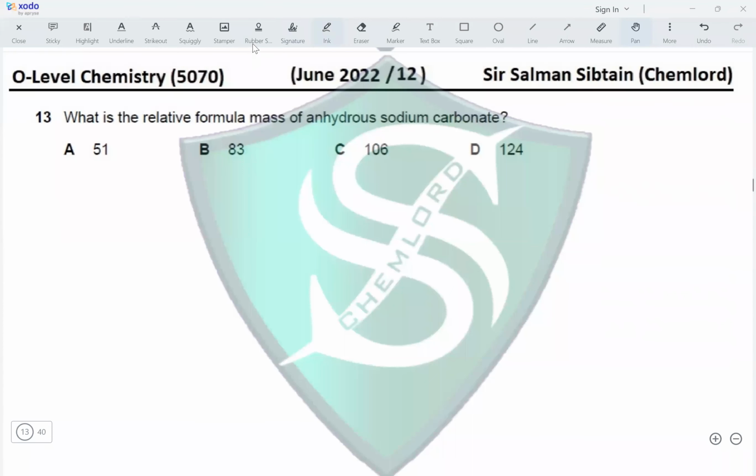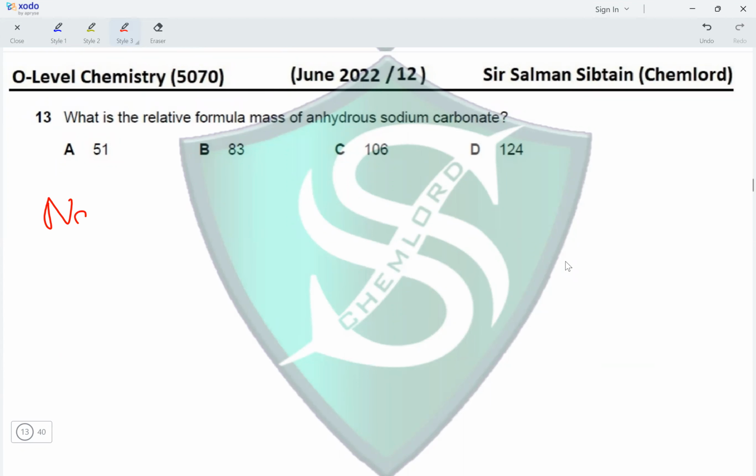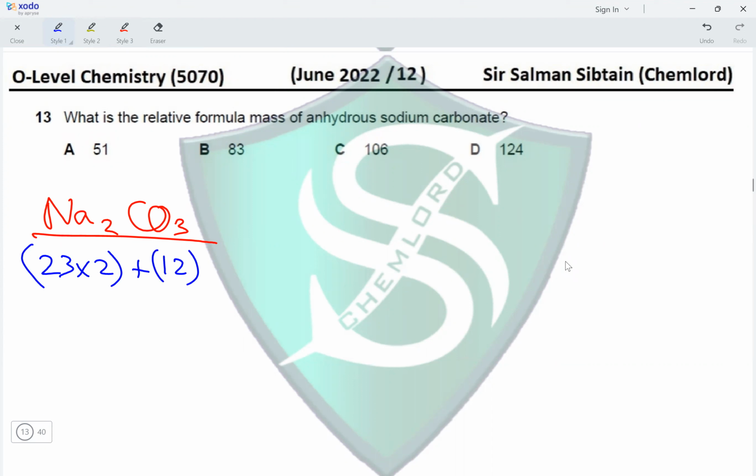Question 13. What is the relative formula mass of anhydrous sodium carbonate? So the formula of sodium carbonate is Na2CO3. So now we need to add up their Ar. Ar of sodium is 23 and we have got two sodium atoms. Ar of carbon is 12. Ar of oxygen is 16 and we've got three oxygen atoms.